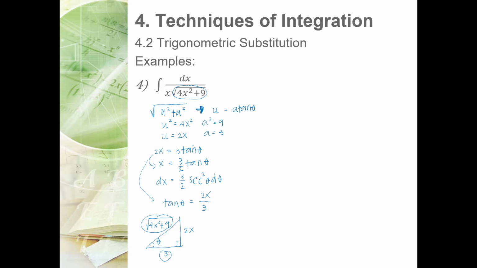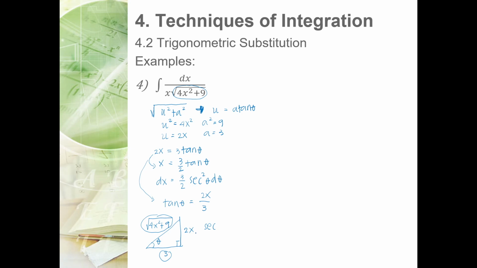So instead of using secant, or rather cosine, I'm going to use secant because I am seeing a secant in the dx term. The purpose of me using secant is that later on it will be eliminated in the process, di ba? Otherwise, if cosine, I still have to convert it into secant and do some additional steps.